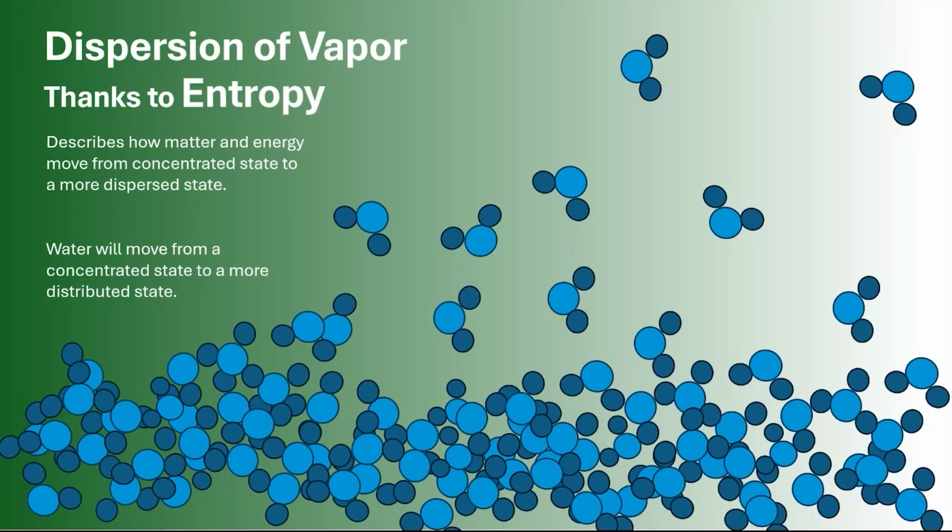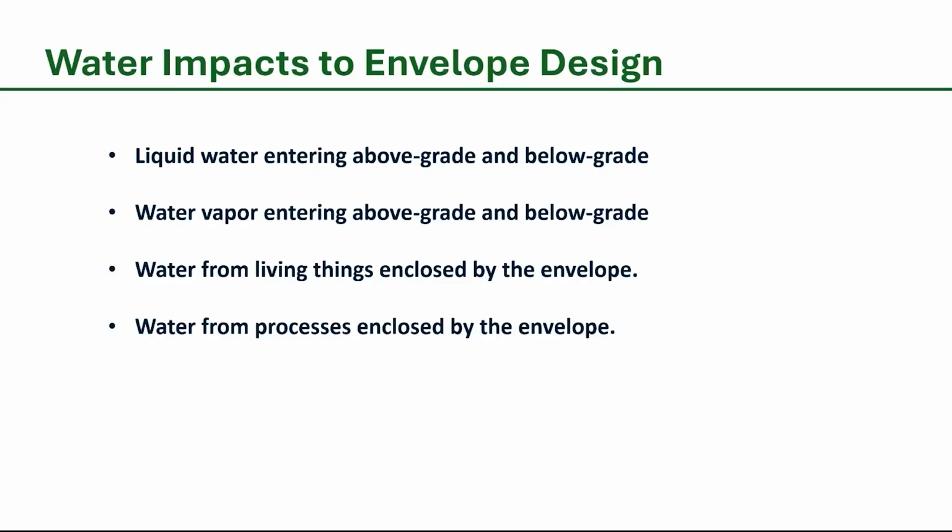Temperature is always an average of energy, but each individual molecule can have a widely varying amount of energy. So water is always going to move from a more concentrated state to a more distributed state. And then water is also always going to try to lose energy once it is in that distributed state, and then it will concentrate again.